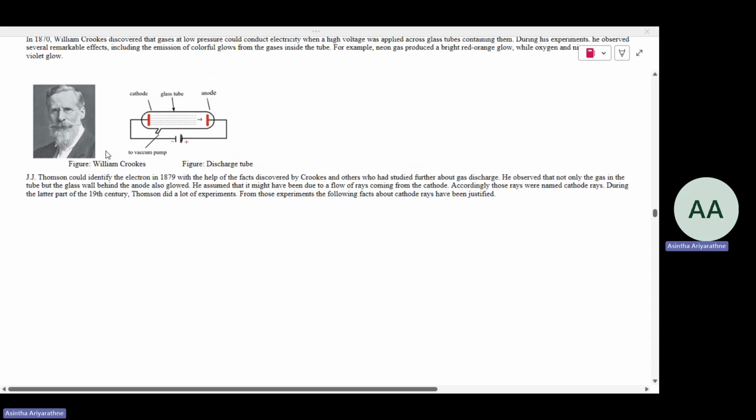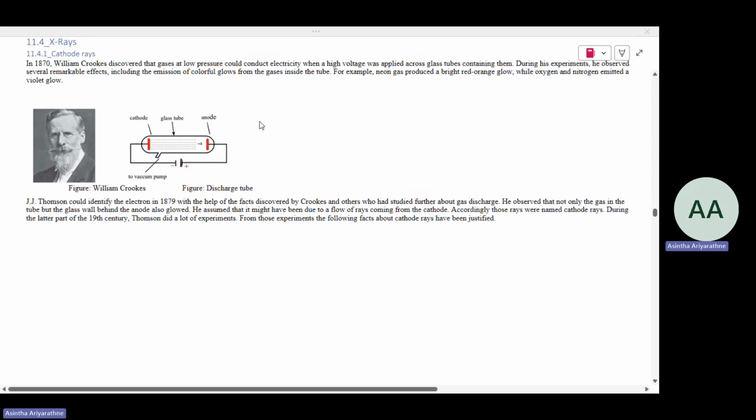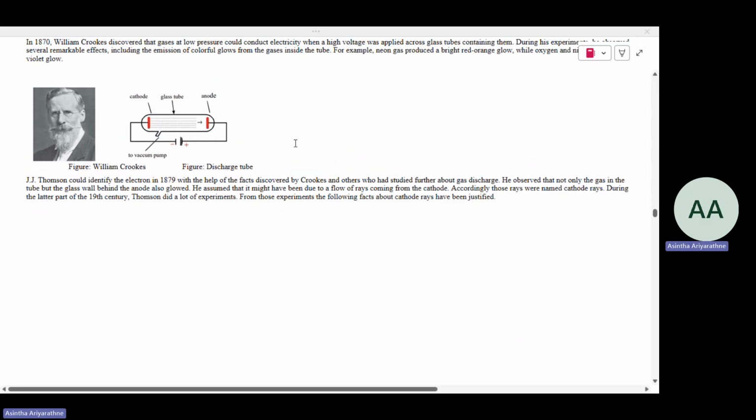Earlier they just observed, using experiments, that some beam is emitted from the cathode and travels towards the anode, and later they determined that those are electrons.